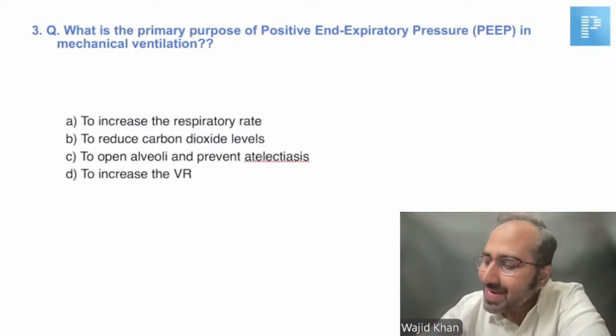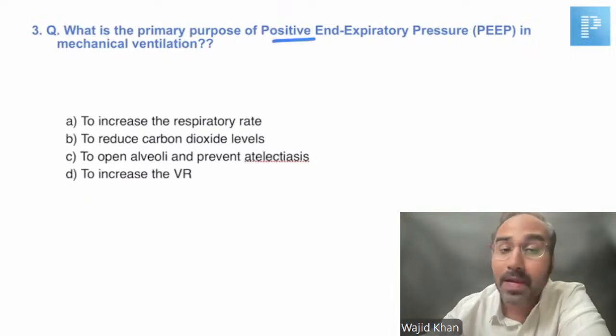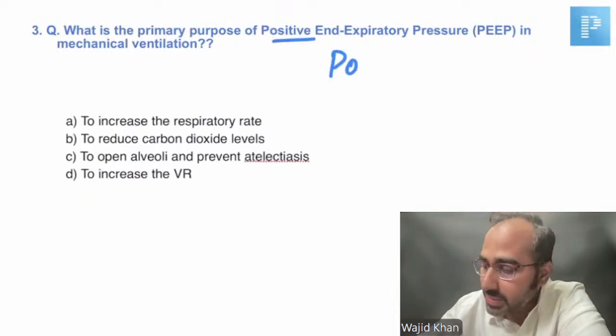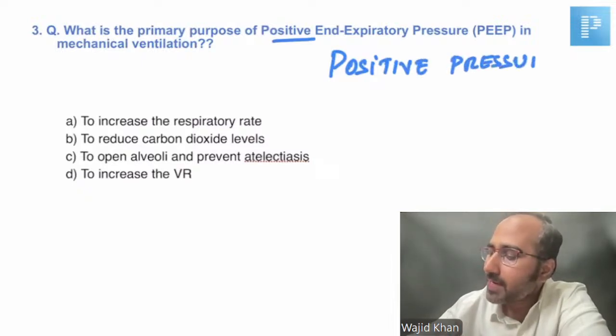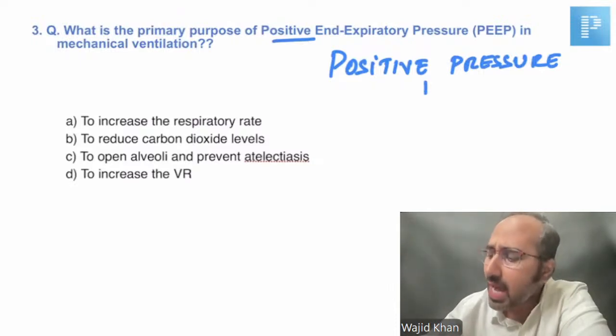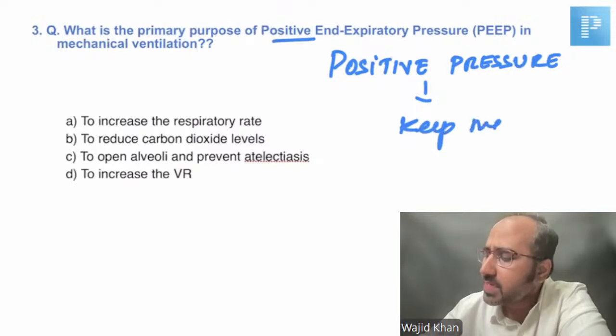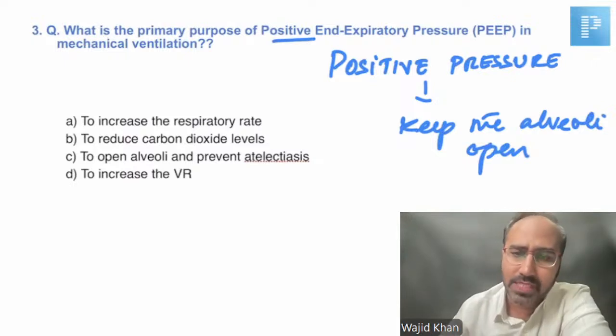This is the pressure required to keep a positive pressure in the lungs. It helps to maintain a positive pressure inside the lungs. How? By keeping the alveoli open at the end of expiration.